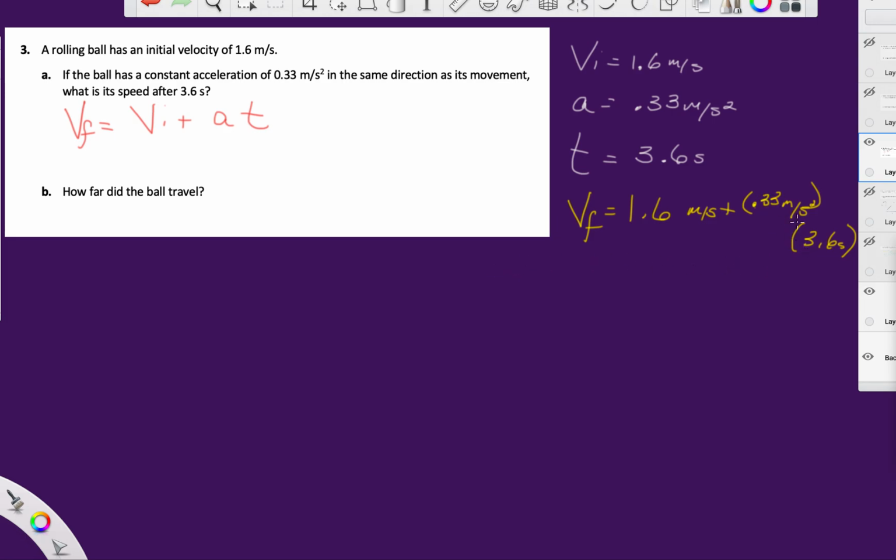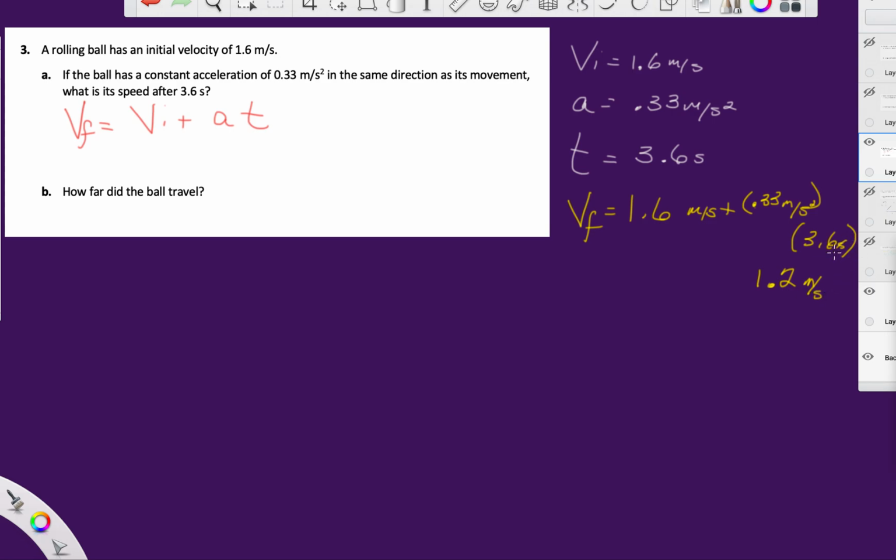I want to look at these two things. This 0.33, you can use your calculator and go ahead and do this multiplication, but 0.33 should trigger something in your head. It's very much like a repeating 3, and that is 1/3. So if you want to multiply this by 1/3 or divide 3.6 by 3, you can do that. And what you would come up with is somewhere in the neighborhood of 1.2 meters a second.